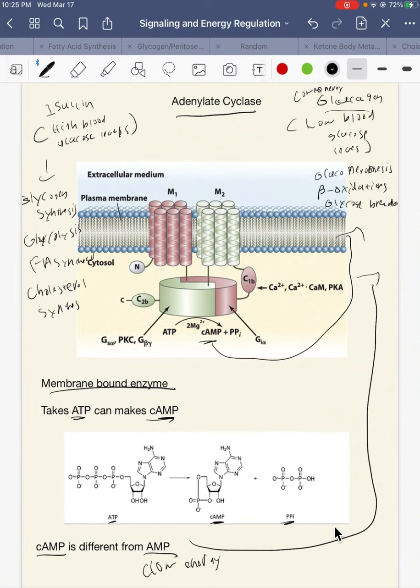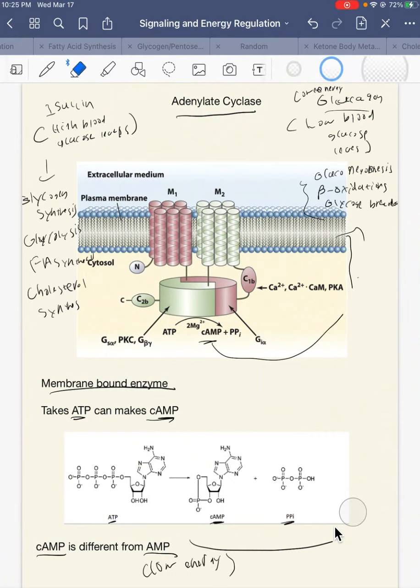We'll see why AMP eventually activates very similar things to cyclic AMP, but they act on different things in the cell and they're different from each other. But the pathways they act on eventually lead in the same direction. So cyclic AMP will eventually activate gluconeogenesis, beta oxidation, and glycogen breakdown. AMP will probably do the same thing, but they're not related to each other. Hope that makes sense. Hopefully it didn't confuse anyone. And we'll talk about what AMP acts on in a sec. And in the next slide, I'll talk about what cyclic AMP does.